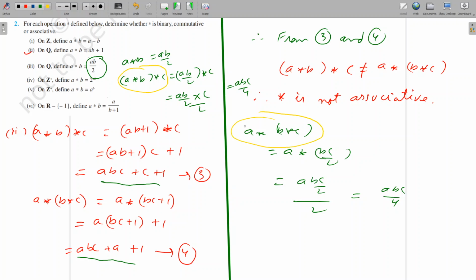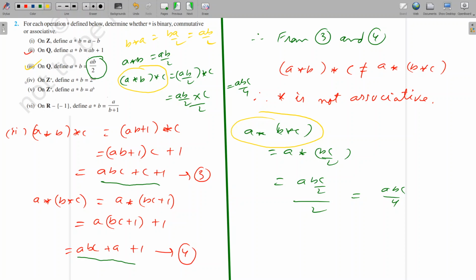So star will be associative. Also here, B star A equals BA by 2, and BA by 2 is equal to AB by 2. So star is also commutative. So star is commutative as well as associative. So this third one is also over.